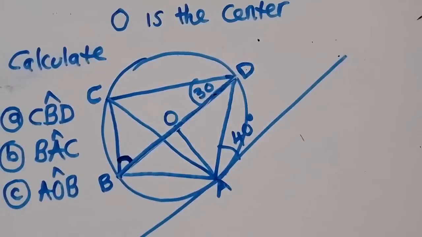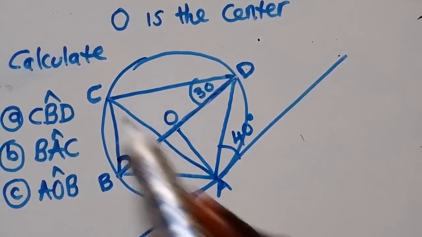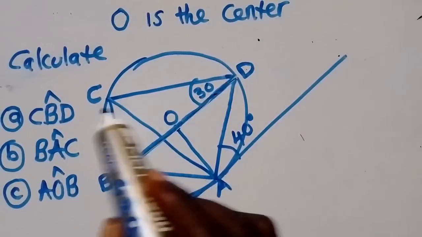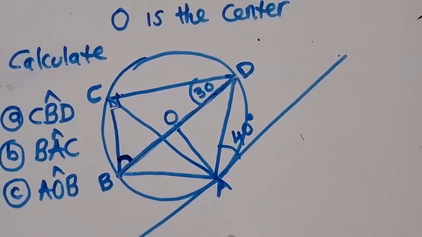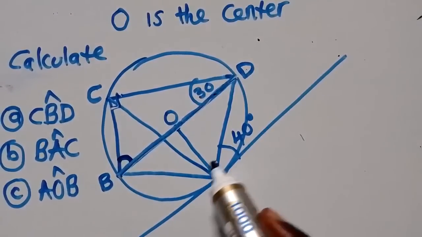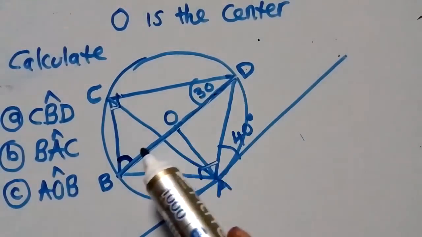So if that one is a diameter, what we need to know is this. This one here is making a 90. We've got a 90 there. Even there, we've got a 90 because all these angles have been formed on this diameter. Have you seen?